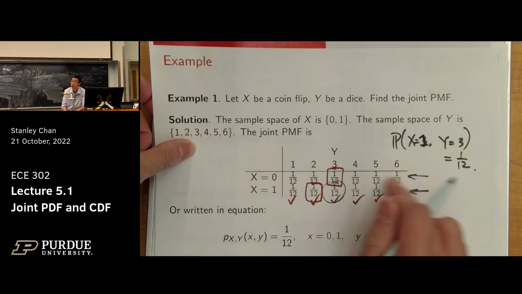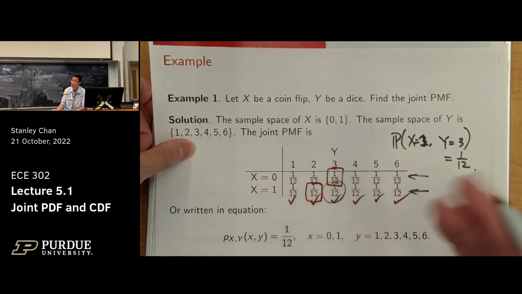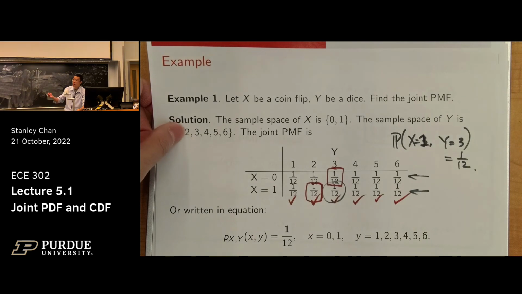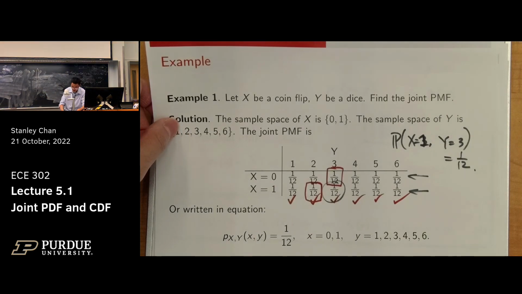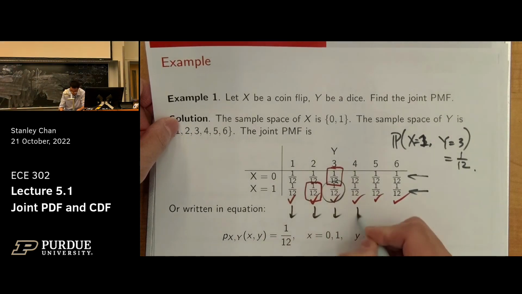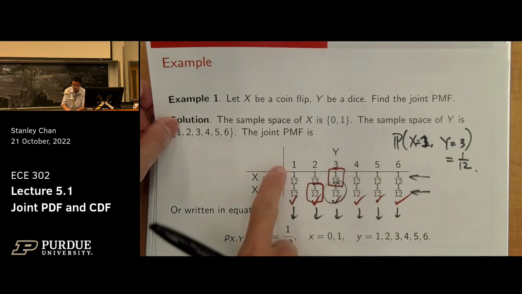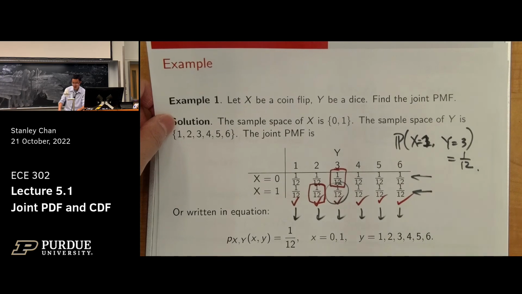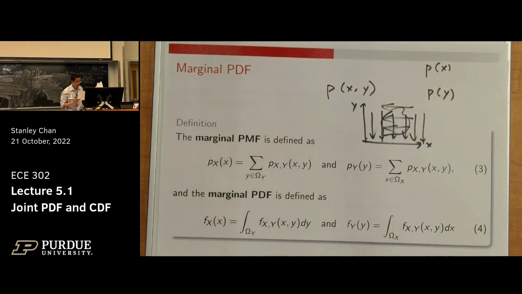This row, you sum all these 6 cases, you get 1/2. You sum all these 6 cases, you get 1/2. How to get the probability density function for y? Well, just integrate over all the possible cases for x. For each y, you find the x, right? So that will give you 1/6. So you can find the marginal fairly easily by integrating over the other variable that you don't care about.